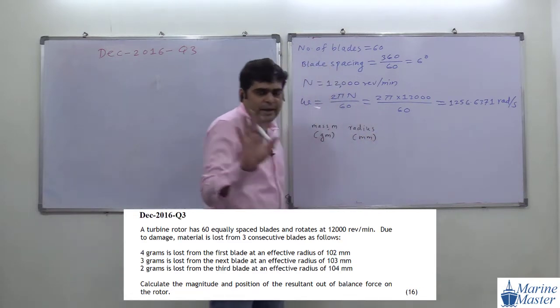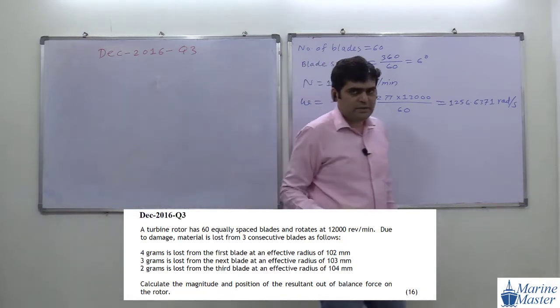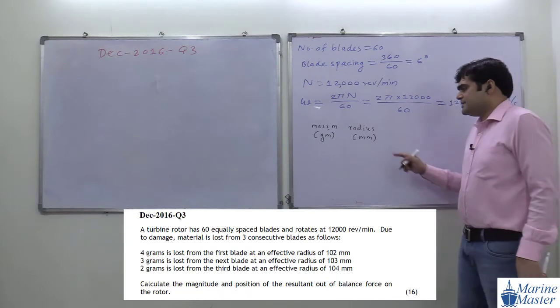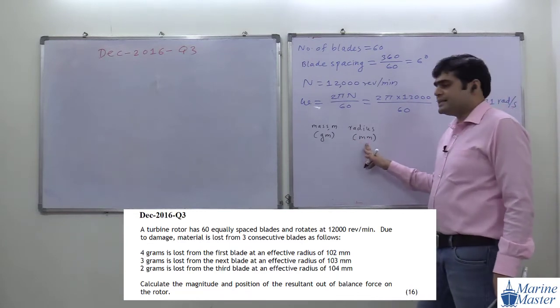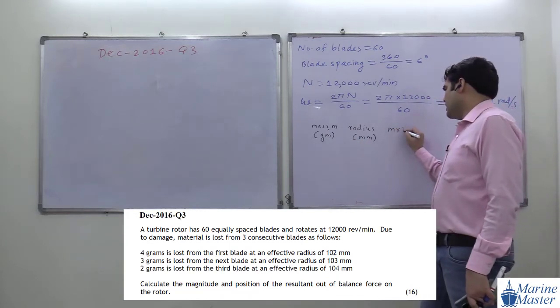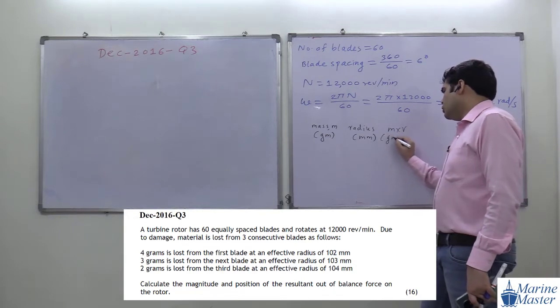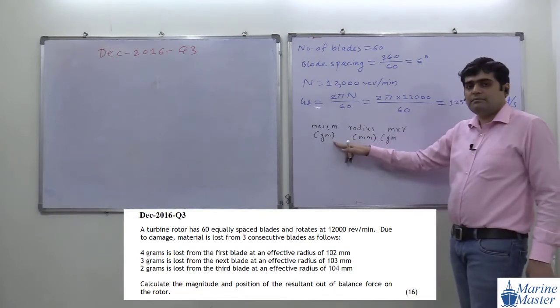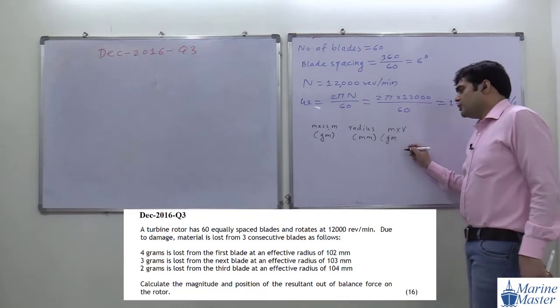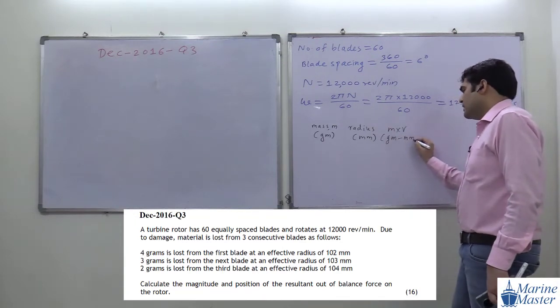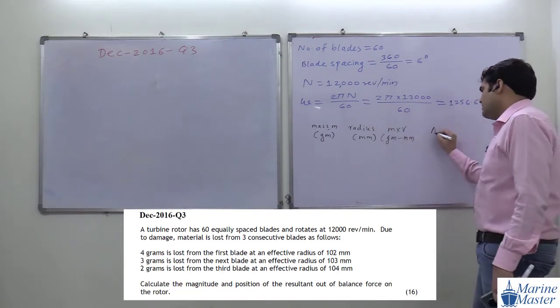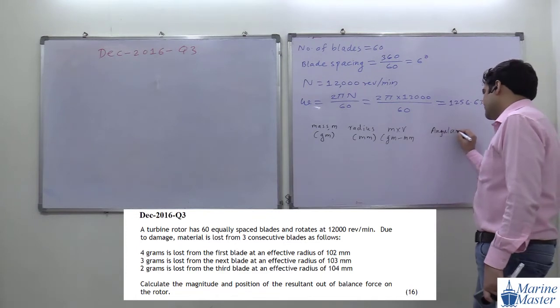Don't worry guys, I am going to explain why I am taking it. Mass is in gram, radius is in mm, so m into r will be in gram mm, and then their angular position.